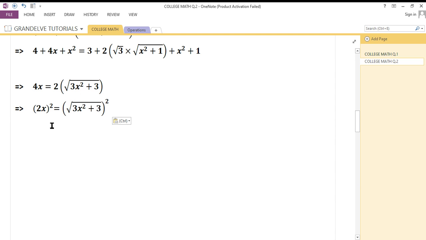So on our next step, we square both sides, that's 2s and square root of 3s squared plus 3. And that will mean that the 2s gives us 4s squared, and square root of 3s squared plus 3 squared will give us 3s squared plus 3. That's as simple as that. Okay.